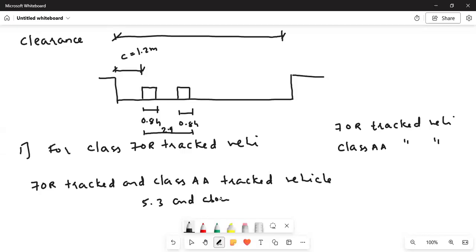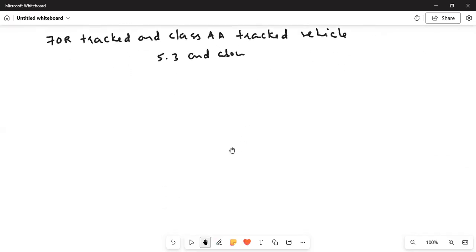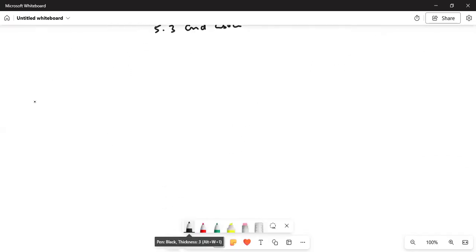So 70R tracked vehicle and class AA tracked vehicle are only applicable when the carriageway width is 5.3 and above. Okay, this is about tracked vehicle. We will see about class A train of wheels. Second, we are seeing the clearance.